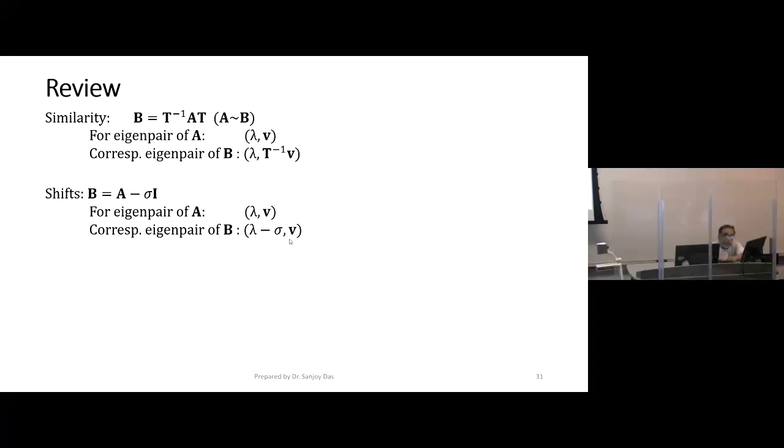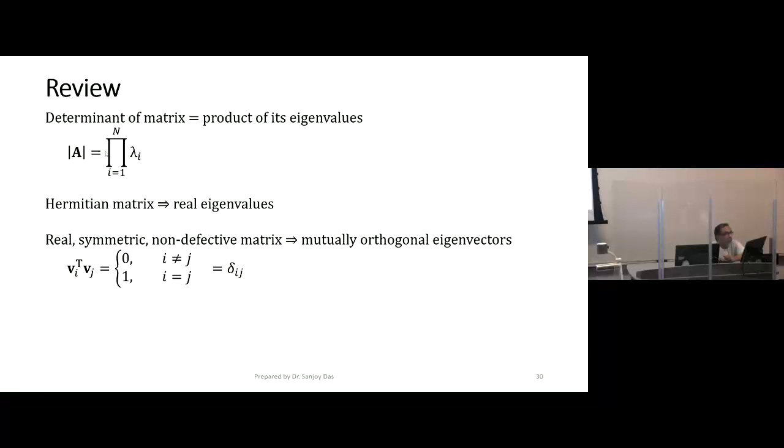The eigenvectors don't change, but the same sigma will be added to the eigenvalues. If the determinant is very close to 0, numerically very small, then it will improve, right? For a lot of numerical applications, that's usually what's done. You add a small 10 to the minus 5 to all the diagonal elements of the matrix, and then it improves the condition number.